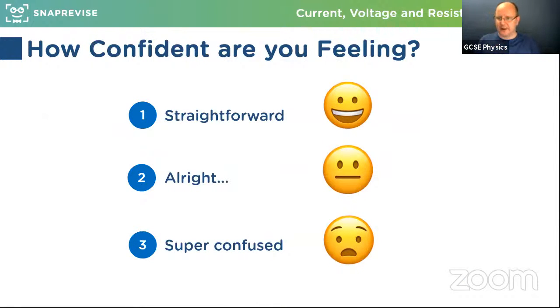How confident are we about using Q equals IT and rearranging it, understanding that Q is the symbol for charge in coulombs, I is the symbol for current in amps, and T for time in seconds? If you could put me a 1 or a 2 or a 3 in the chat, I'd be really grateful, just to make sure that we've spent enough time on that.